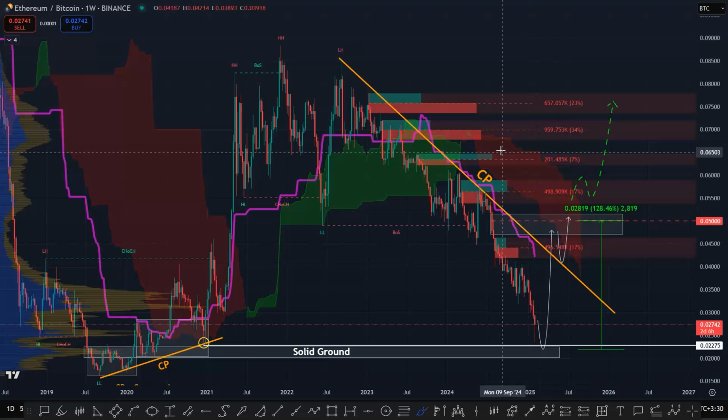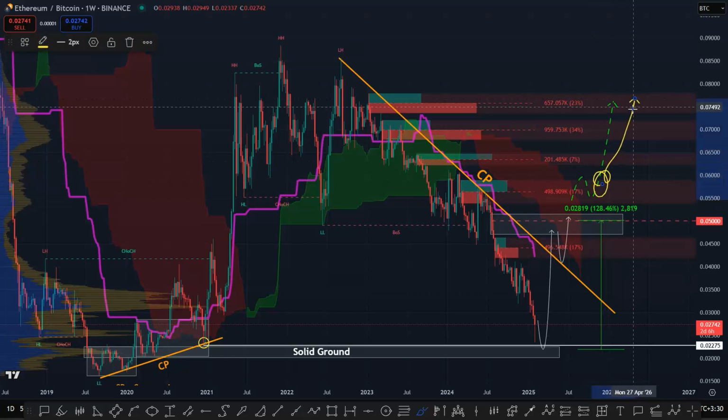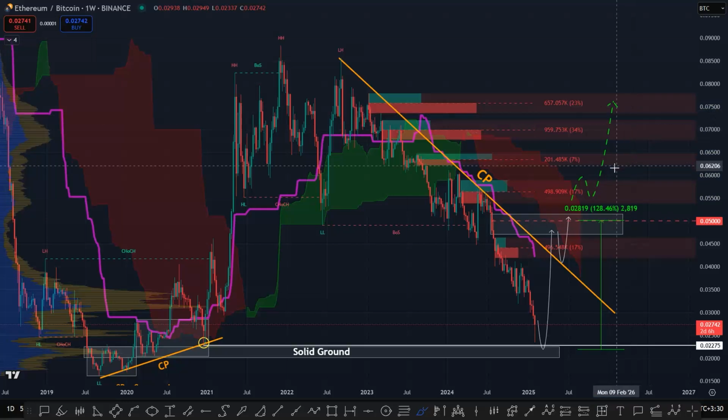After a pullback, we have a Kumo cloud, and we know the Kumo cloud could act as a resistance. So I expect testing the resistance or trend line once more. The moment we break it to the upside, the possibility of moving higher will increase. Until then, this is my target. If we break it to the upside, higher targets will be possible.